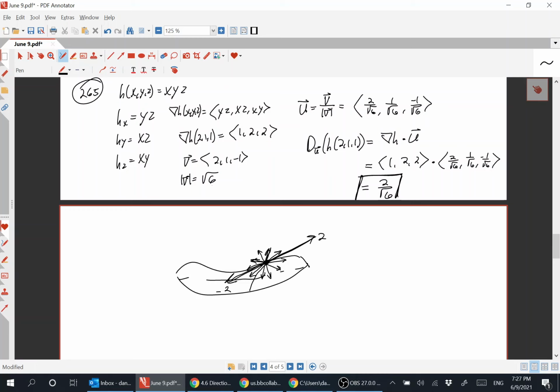So that's the popular usage of the term gradient. But that comes exactly from here, from Calc 3, is that the direction of greatest increase is the direction of the gradient. Or, if you want to do it the other way, the direction of greatest decrease, that's the negative of the gradient. You can call that the gradient.